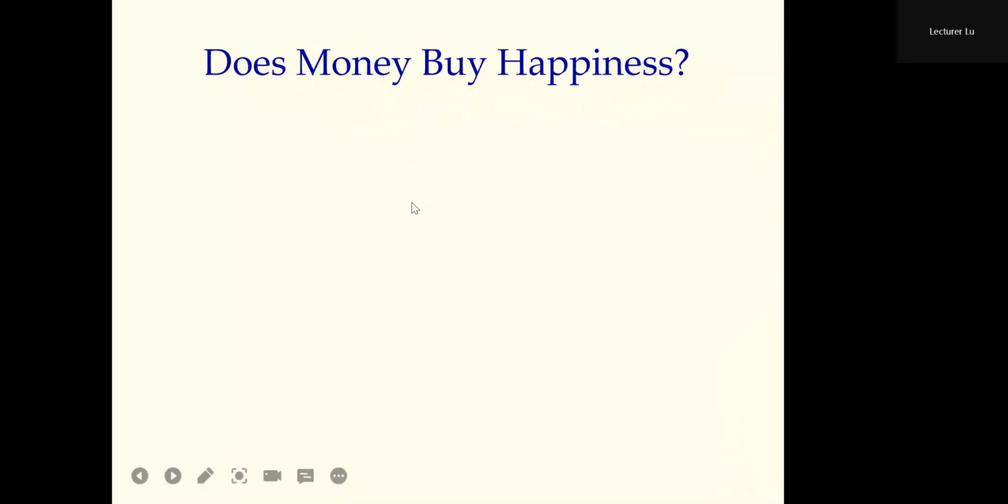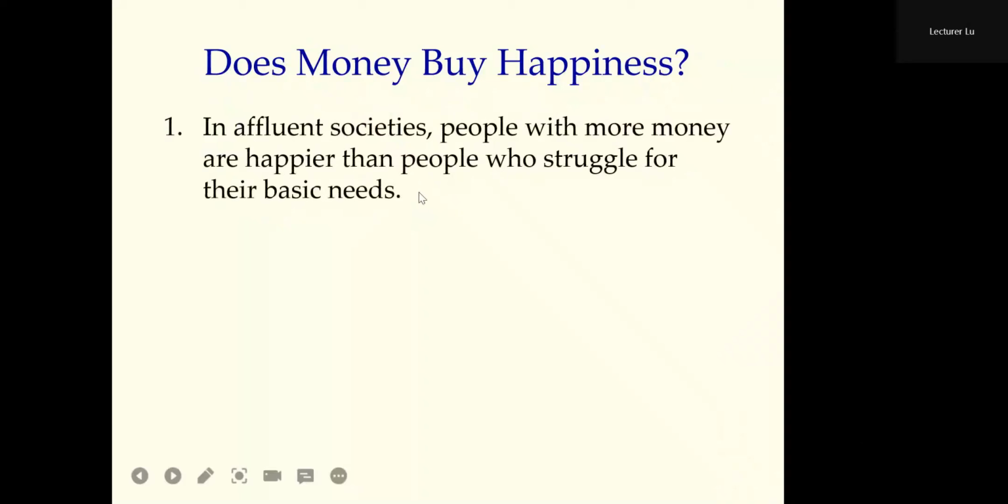And here comes a very important question, and many people are thinking about it. Does money buy happiness? What is the relationship of being wealthy and being happy? Research shows in affluent societies, in rich countries, rich communities, people with more money are happier than people who struggle for their basic needs.